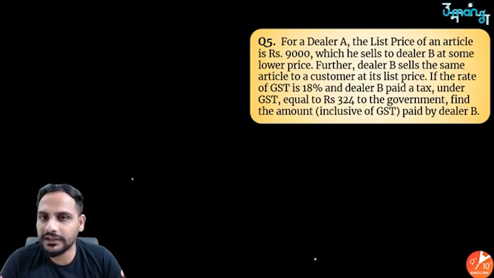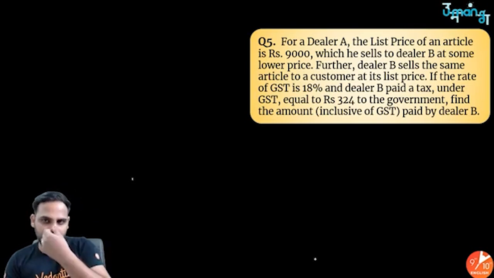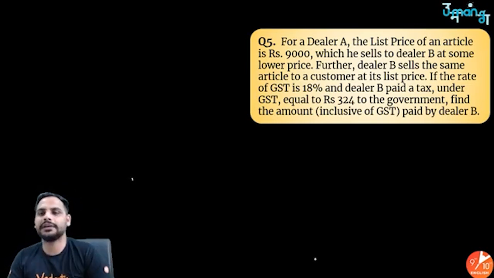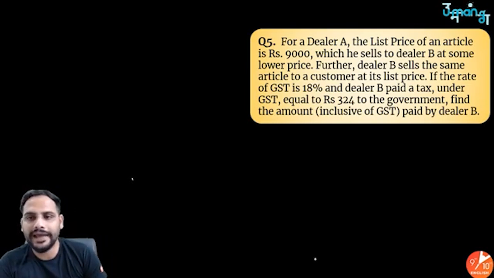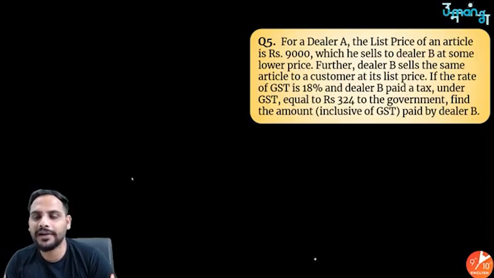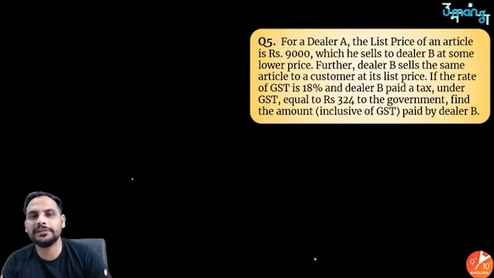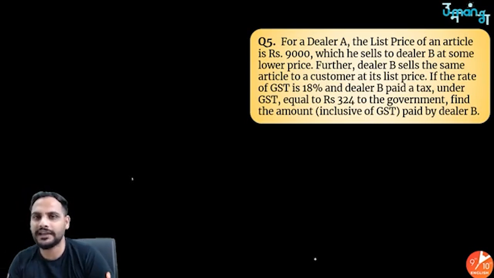Now the main thing you need to understand is that dealer A is selling something to dealer B at some price lower than the list price. The marked price is rupees 9,000. So A has sold it to dealer B at some price lower than 9,000.